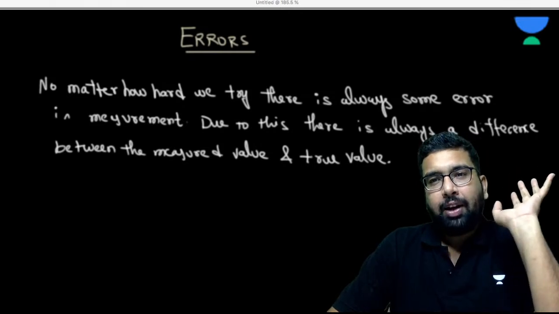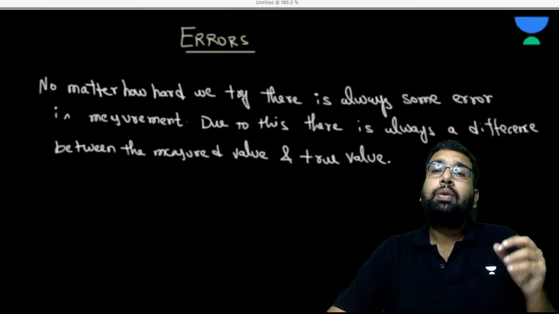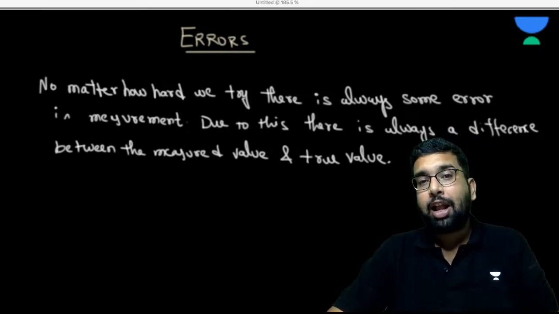It is extremely hard, nearly impossible, to get the true value. The true value is the actual value of something.